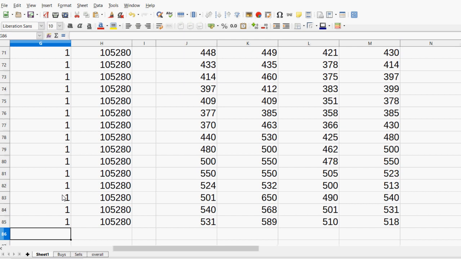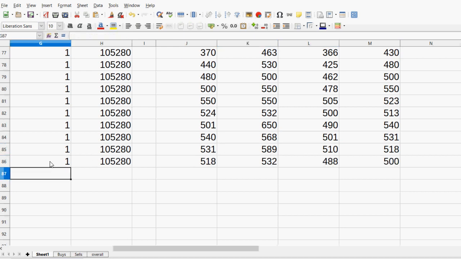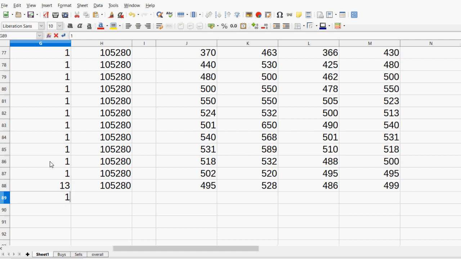I mean, there's an amazing trade right there. One day it's 650, the next day it's 501, and then here it's 589, so you're barely starting to sell at that number. And then at 488, you're buying again. 597, back down to 500.